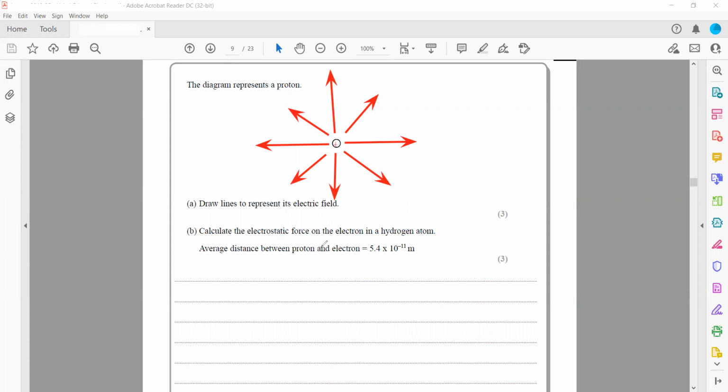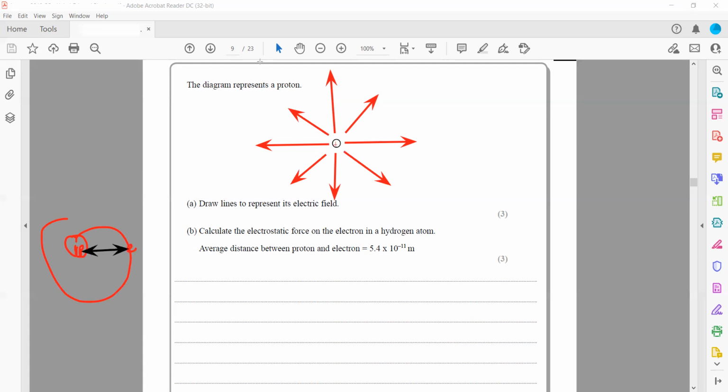Then calculate the electrostatic force on the electron in a hydrogen atom. We have to calculate the force, and the average distance between the proton and electron is 5.4 into 10 to the power minus 11 meter. Inside the nucleus we have a proton, and outside the nucleus we have an electron, and these particles are attracting each other.